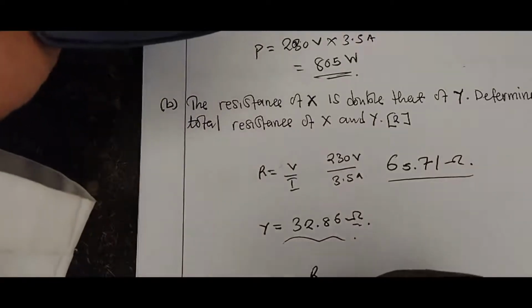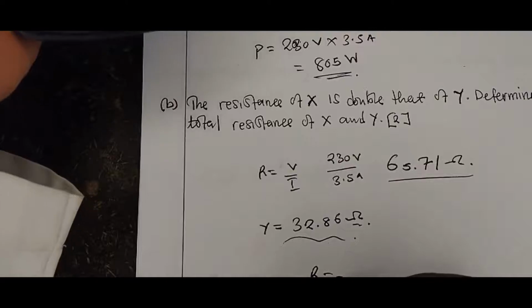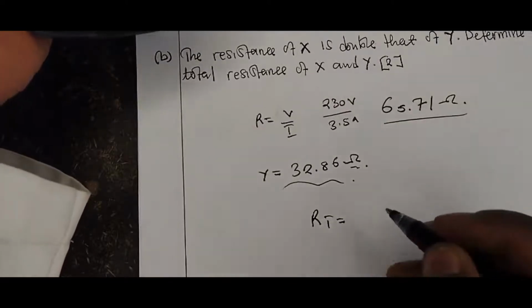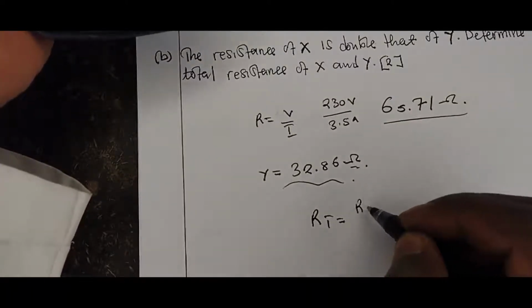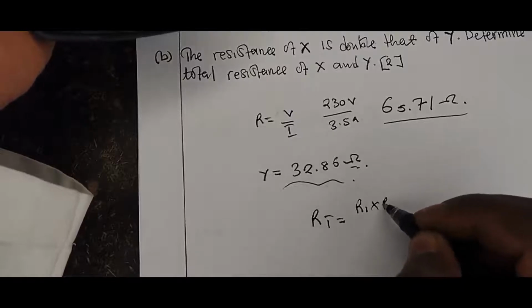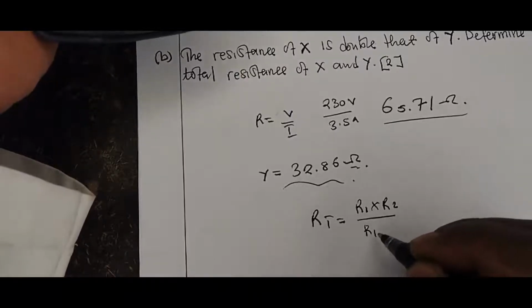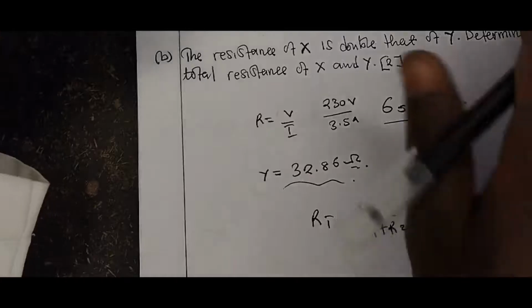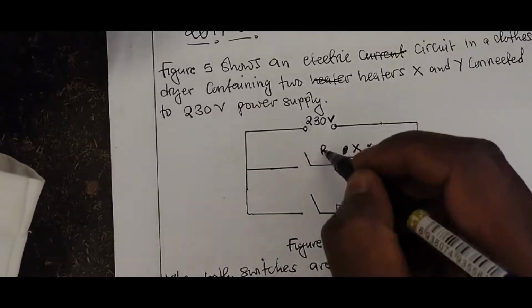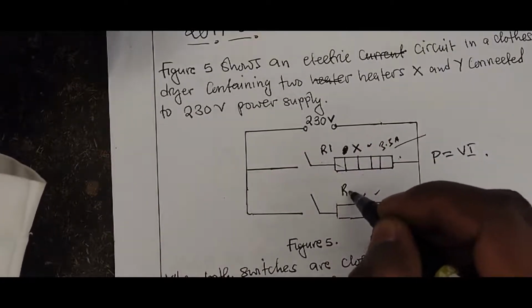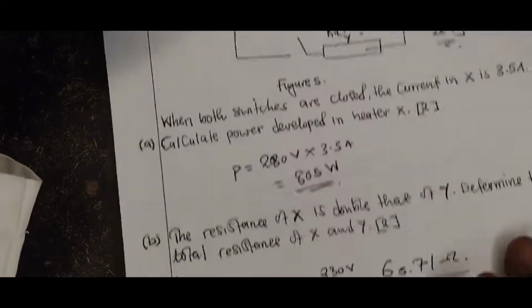I said if you have two resistors, you use the formula R total, or RT, equals R1 multiply R2 divide R1 plus R2. So in this case, let us make this one R1, let's make this one R2. Okay?